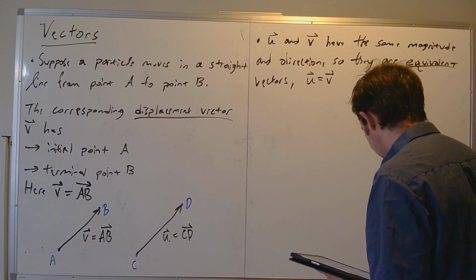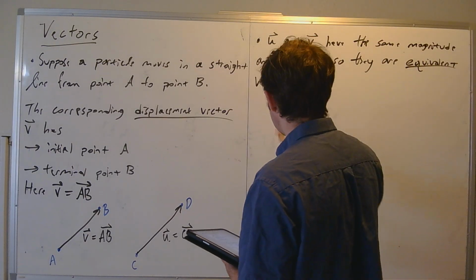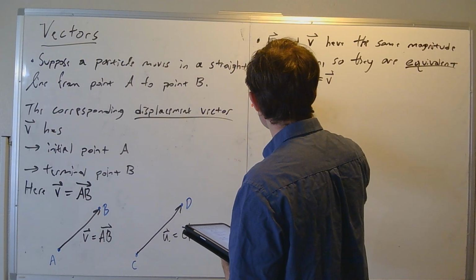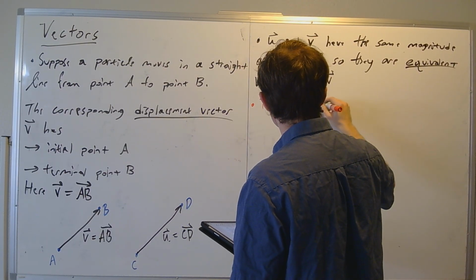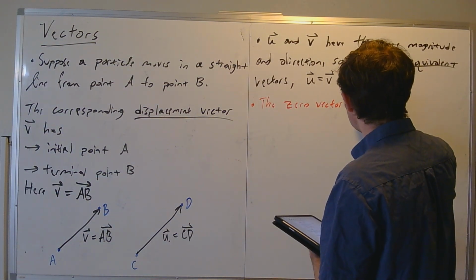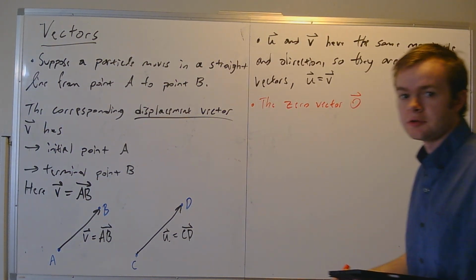And I'll say here in red, a separate note is that the zero vector, we'll write that as 0 with a little hat on top of it.